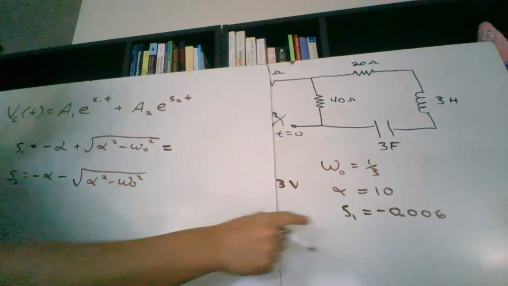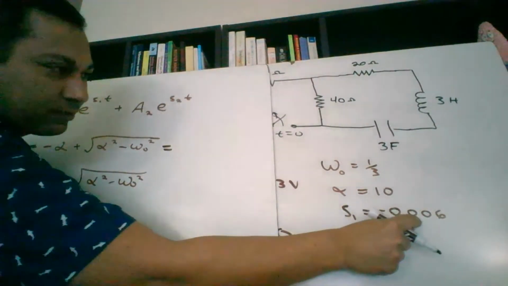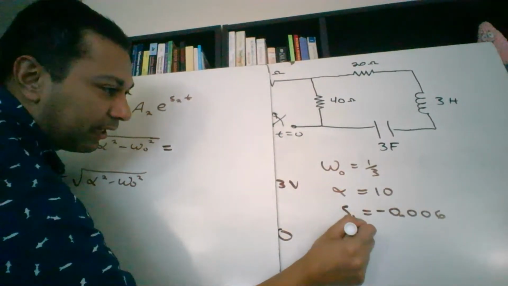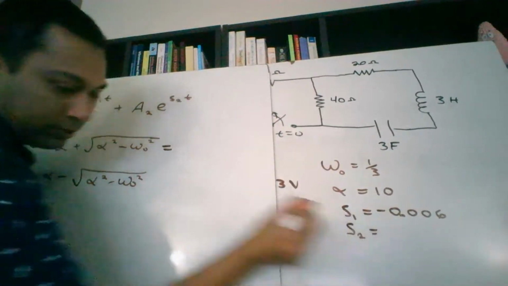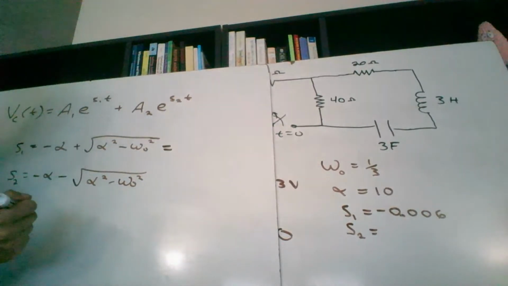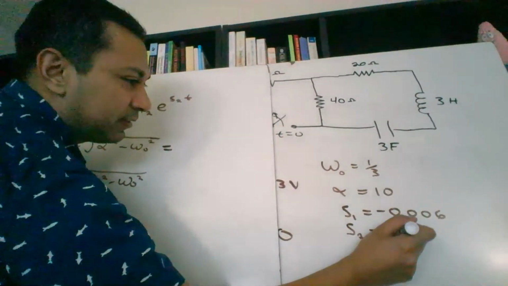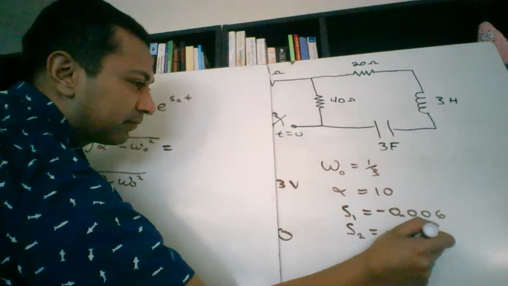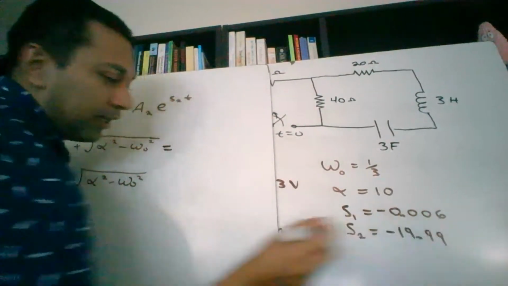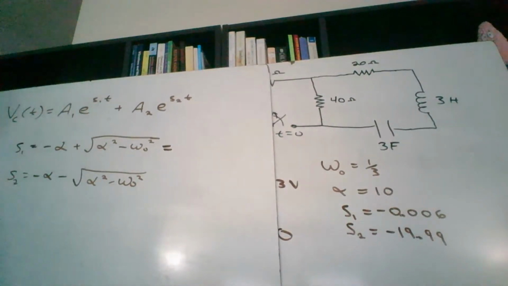That'll be for S1. And for S2, you will get negative 19.99.